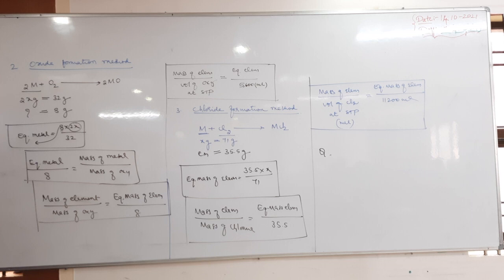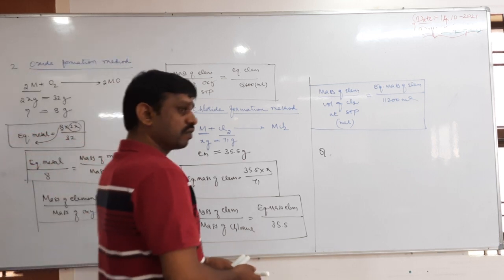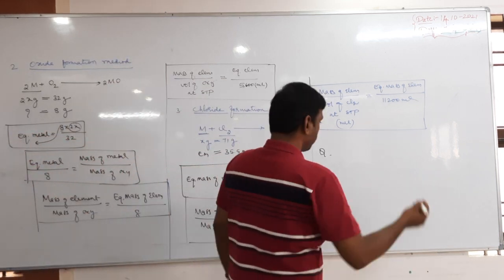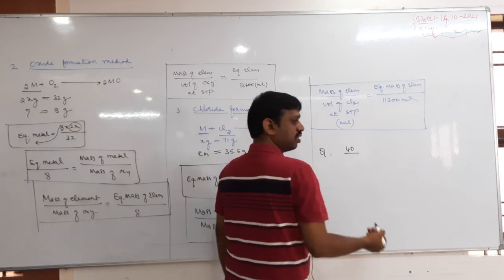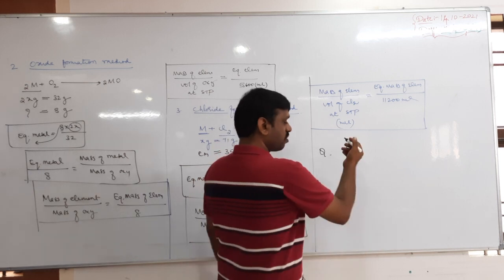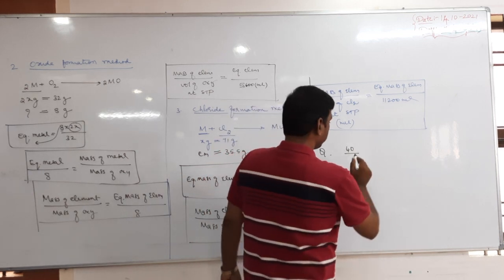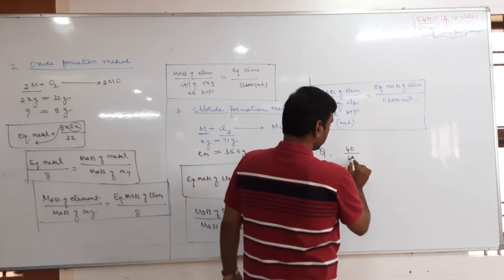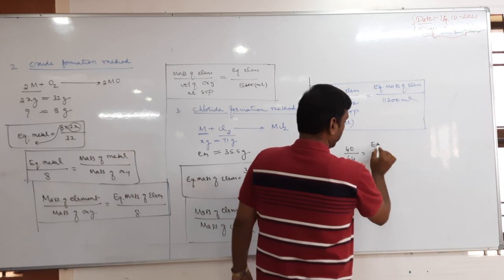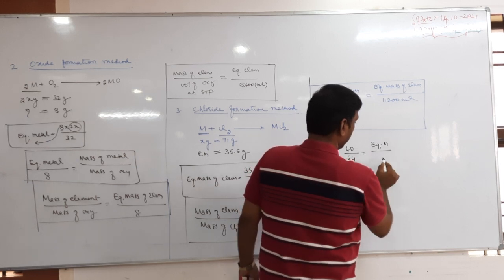Calculate the equivalent mass of metal. Mass of the metal is 40, mass of the oxygen is 64, then the equivalent mass has to be calculated, and here it is 8.